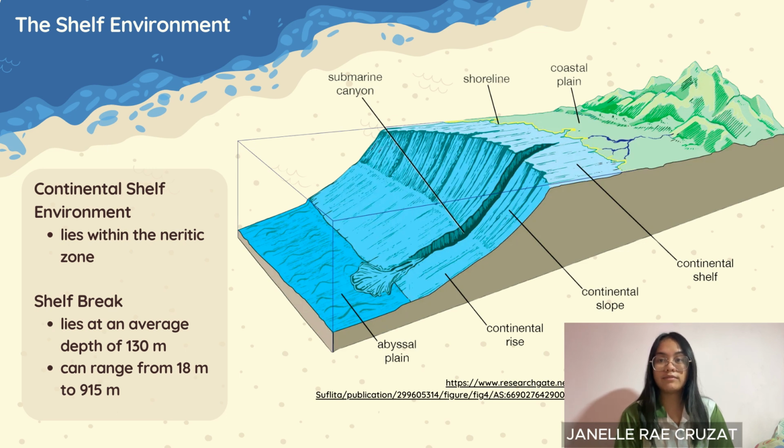But this depth can vary considerably due to different factors, including tectonic activities, historical sea level changes, and sediment accumulation, since coastal sediment transport can influence the depth and the structure of the shelf break. And then, while 130 meters is the global average, the shelf break can also be as shallow as 18 meters or as deep as 915 meters.